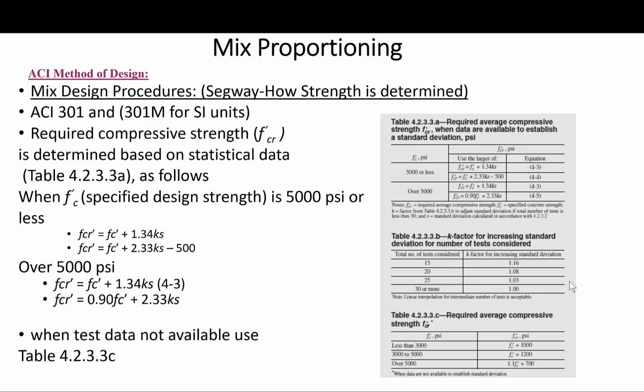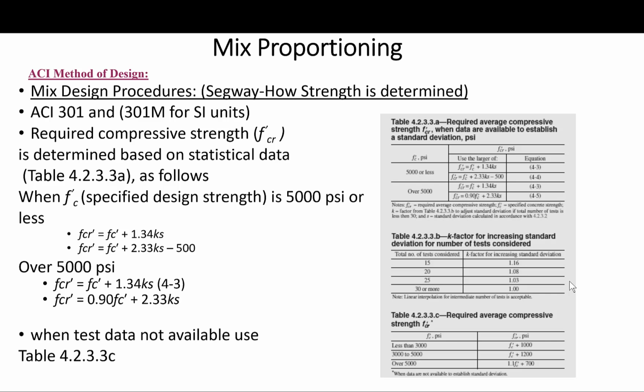Okay, speaking of strength, let's have a little segue here in order to look at specifying strength in more detail, which is basically the determination of the required compressive strength based on ACI 301.